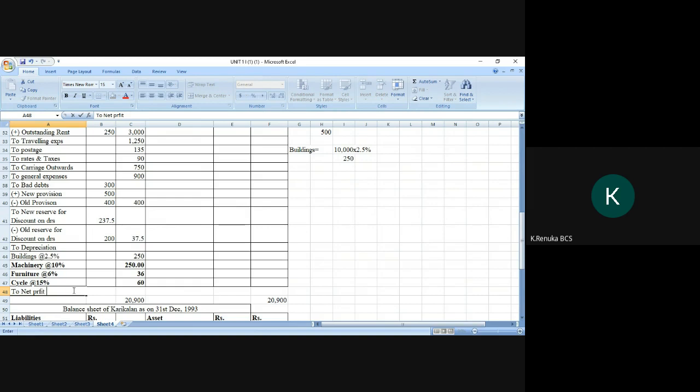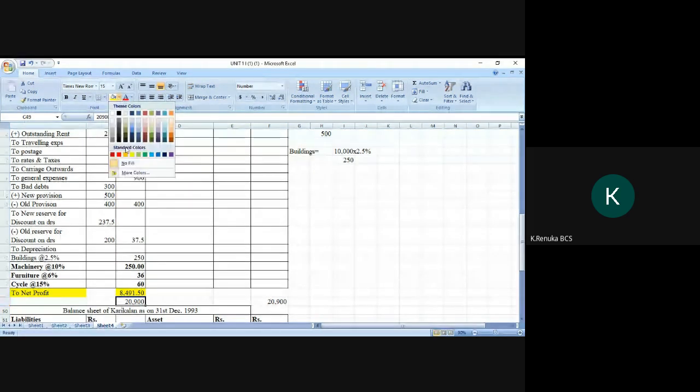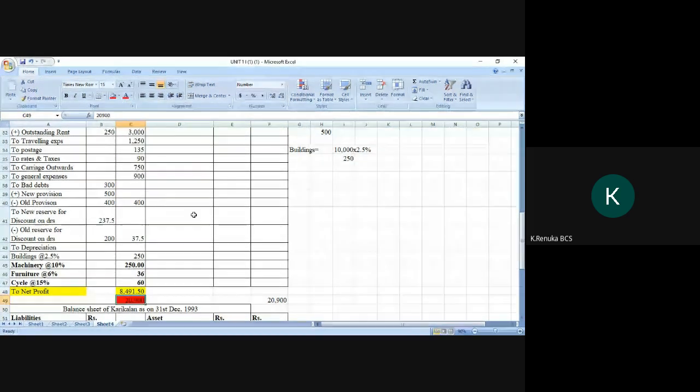If you reduce it, you will get the net profit as 8,491.50. This will be your net profit. I have highlighted this value so that it will be easy for you to identify. The total value I have highlighted with red.